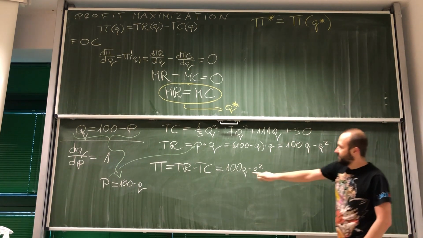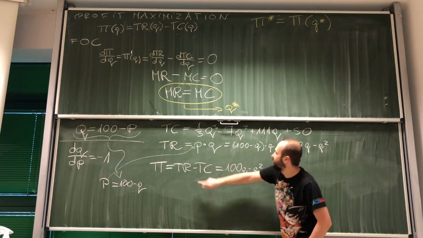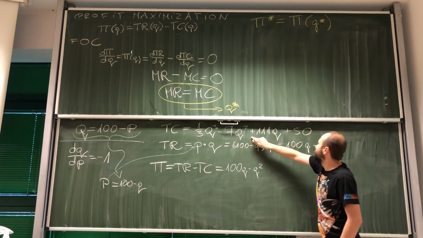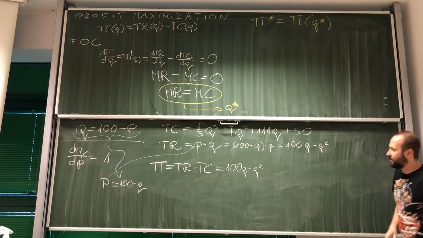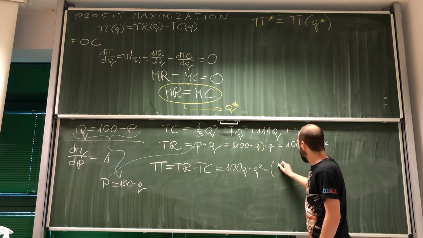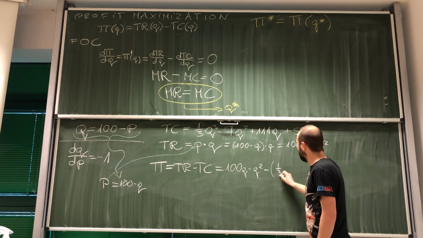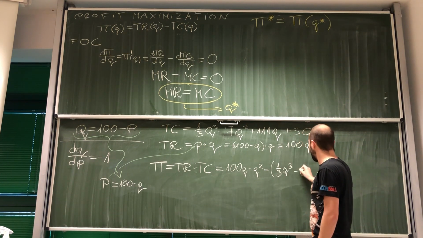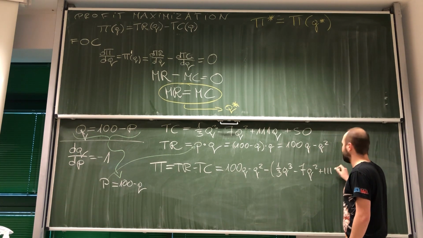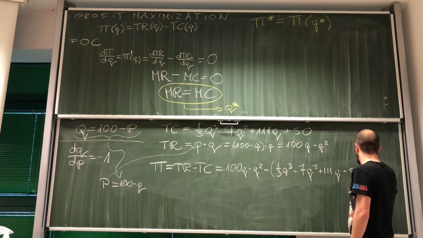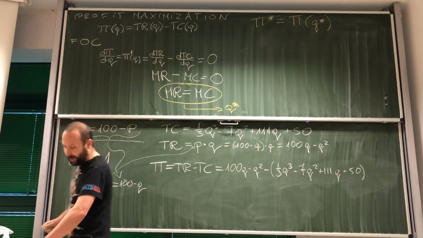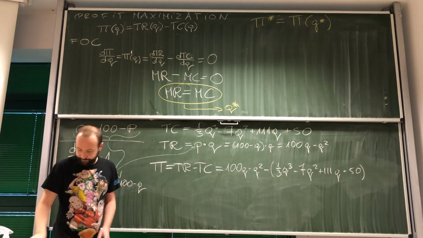Remember, minus is in front of the entire total cost. So we need to change the sign in front of every component we've got over here, right? Because we can imagine it like minus 1/3 q cubed minus 7q squared plus 111q plus 50.